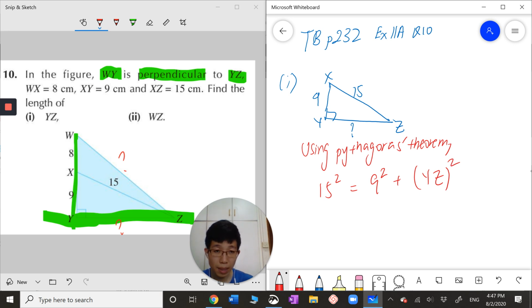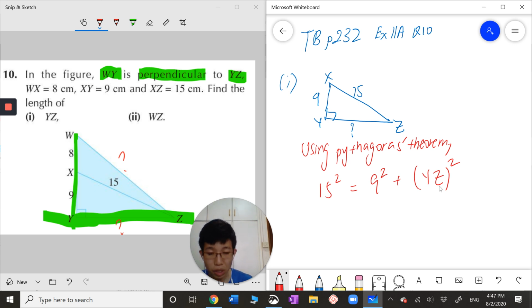This statement over here is the Pythagoras theorem. If you want to do it faster, I'll show you later. Let's do it step by step.